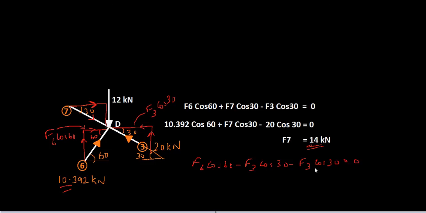If you solve this equation, you will get F7 equal to minus 14. And therefore, your assumption of the direction of force is wrong, and you need to change it to this direction or towards the joint. Go through this problem a couple of times, and if you have any doubts, just comment on the video and I'll get back to you.